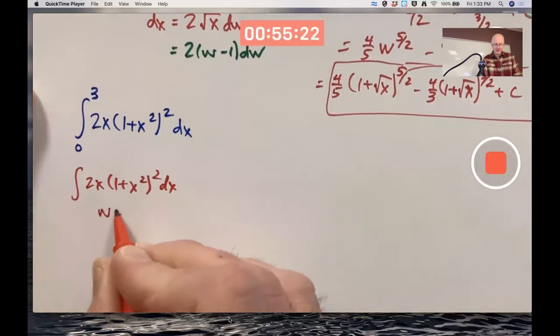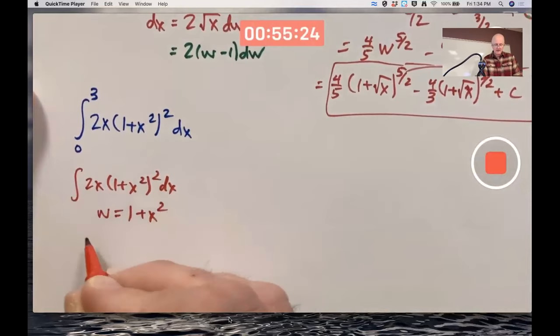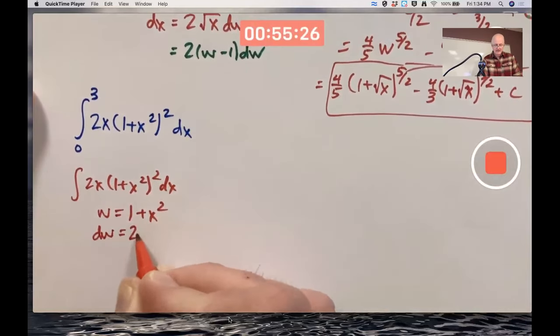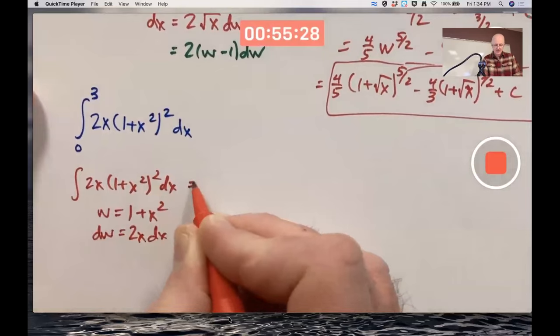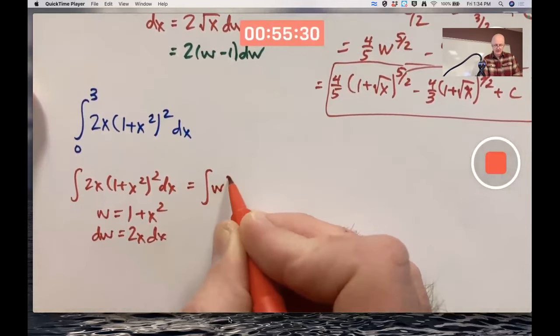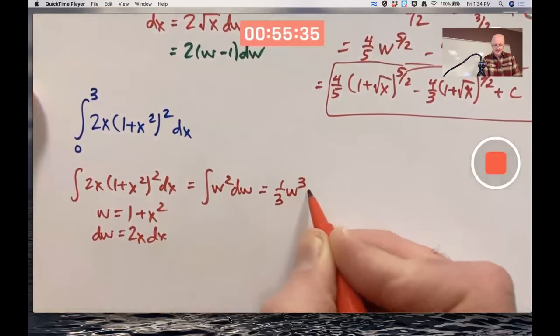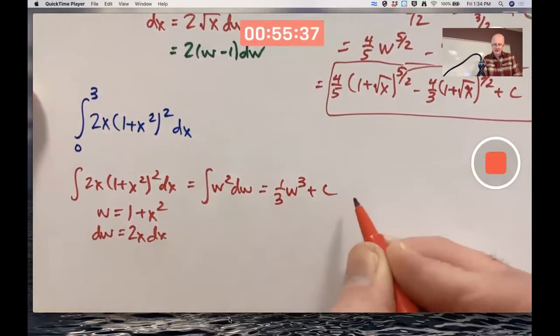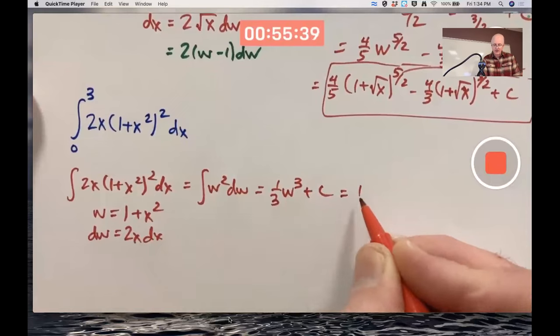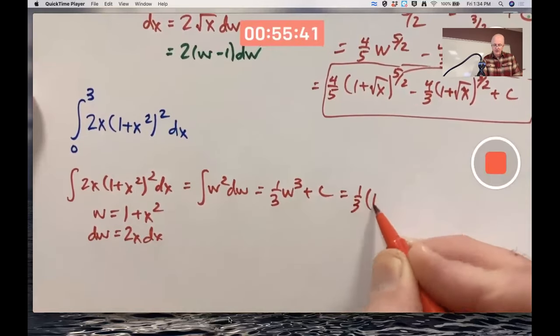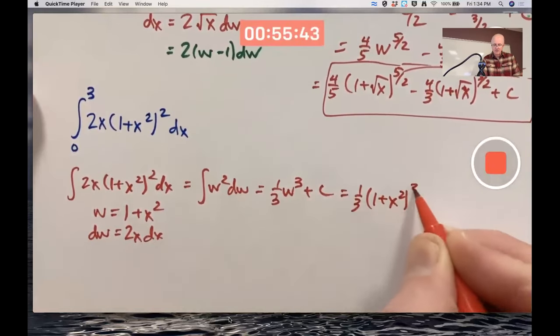In this case, let w be 1 plus x squared. Then dw is 2x dx. And so you get the integral of w squared dw to be 1/3 w cubed plus c. And that means the final answer here for the antiderivative is 1/3 times (1 plus x squared) cubed plus c.